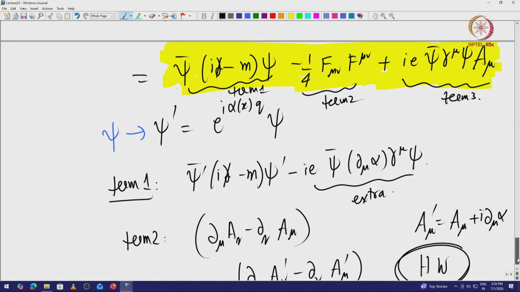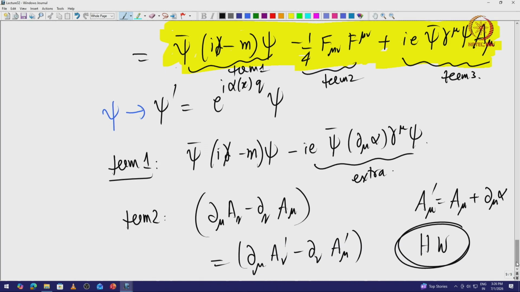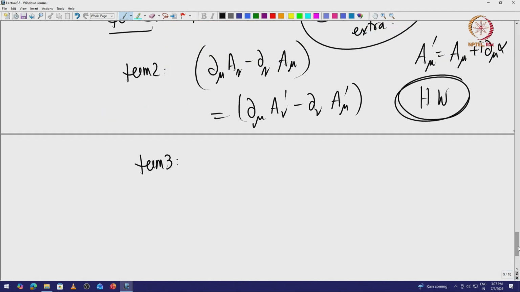What happens to the third term? The third term automatically gives me this term with an opposite sign, which will cancel this extra term.